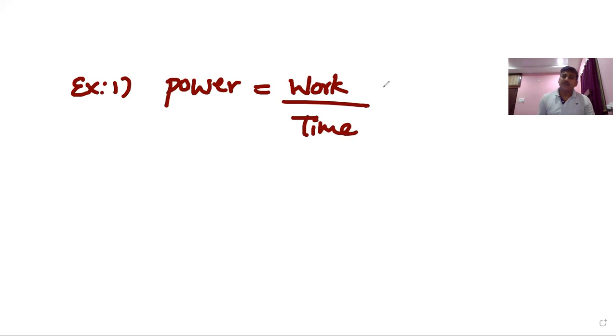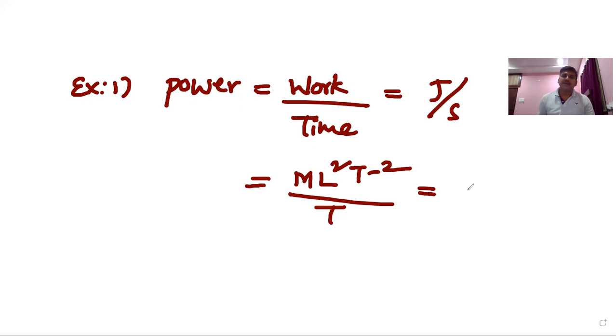So work unit is what? Joules. And time is second. Joule per second. What is the dimension formula? Work is M L square T minus 2, time is T. So this becomes M L square T minus 3. This is the dimension formula for the power.